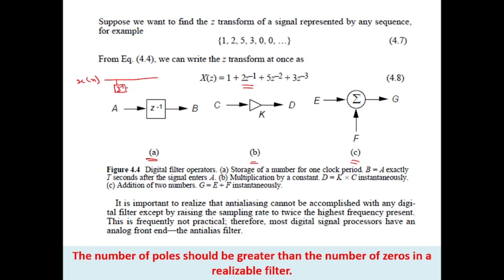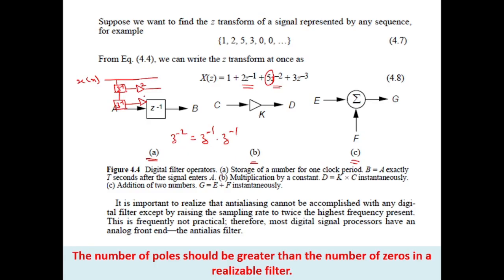Then I have a multiplier of 2. Then I have z to the power minus 2, but I do not have any operator called z to the power minus 2. But I can write z to the power minus 2 as z to the power minus 1 multiplied by z to the power minus 1. I have already implemented z inverse, so from here I will take another terminal and put another z inverse, and the multiplier is 5.